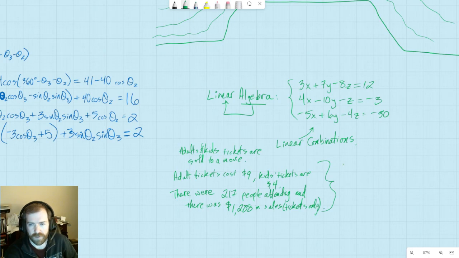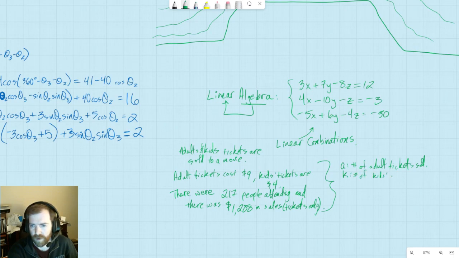So here, A is going to be the number of adult tickets sold, and K is the number of kids tickets sold.